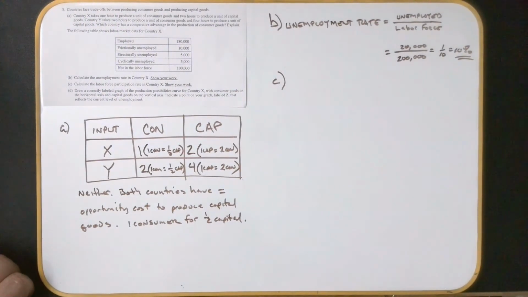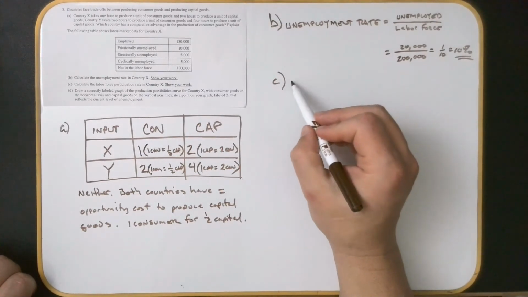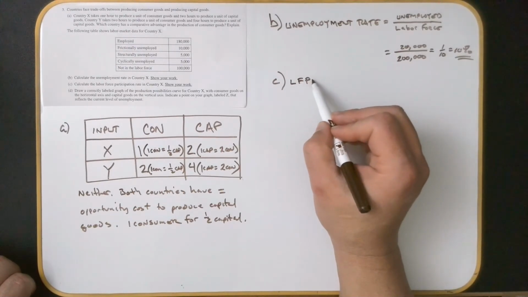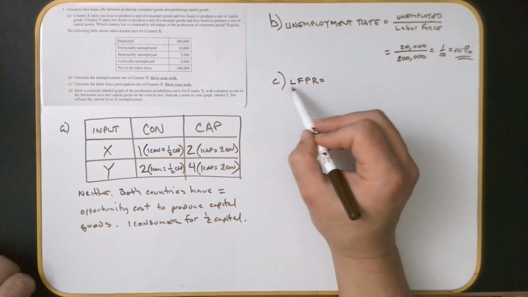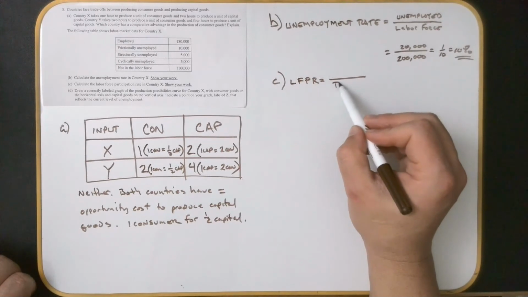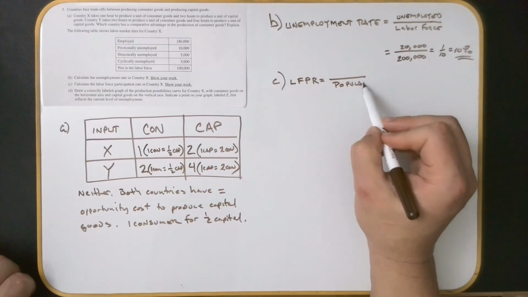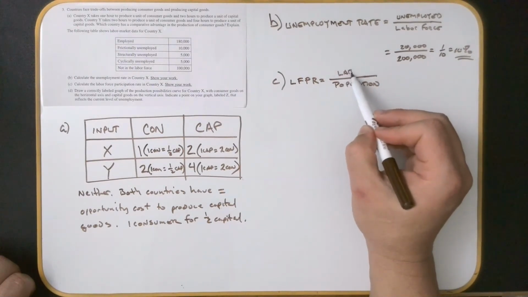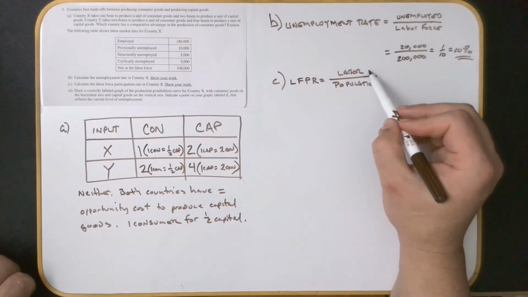Now for part C, it says calculate the labor force participation rate. So how many people in your country are participating in the labor force? Okay, so if you want to find a labor force participation rate, so I'll just say labor force participation rate, LFPR, is equal to your population, so how many people are in your country, and then your labor force is your numerator.